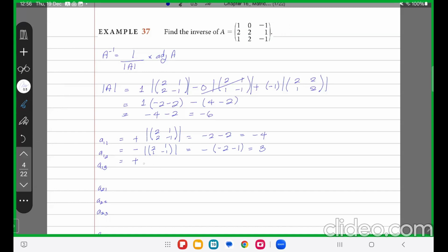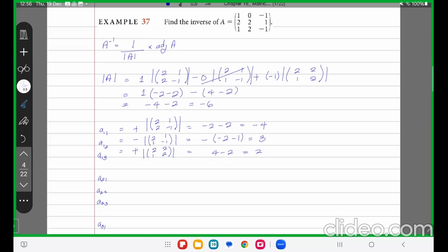This is positive 3. All right, so the next one is 2, 2, 1, 2. This is 4 minus 2. This is 2.